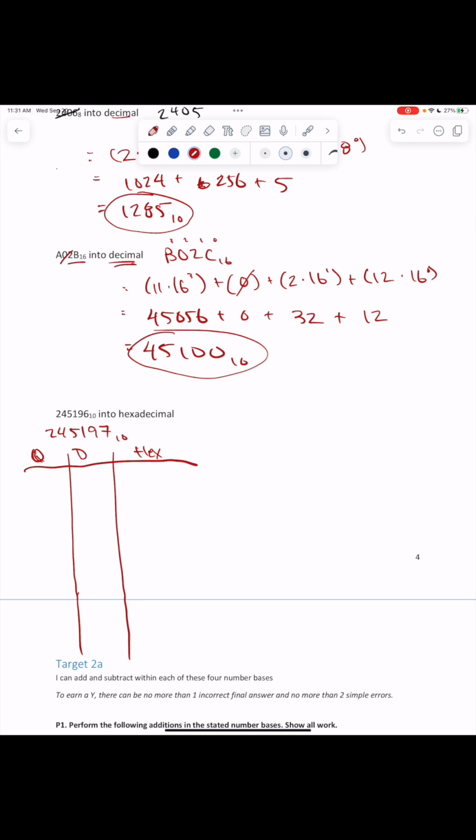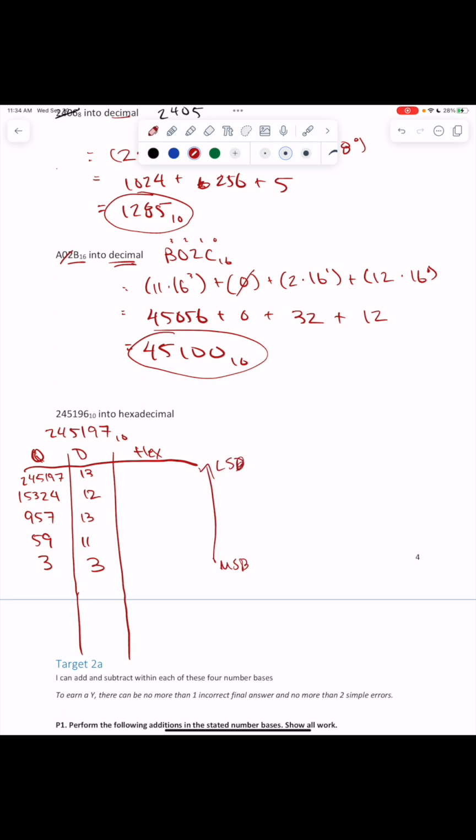And so let's convert 245197 divided by 16. 245197 divided by 16 is 15324 with a decimal remainder of 0.8125 times the denominator 16, which is a remainder of 13. So we'll put that here.